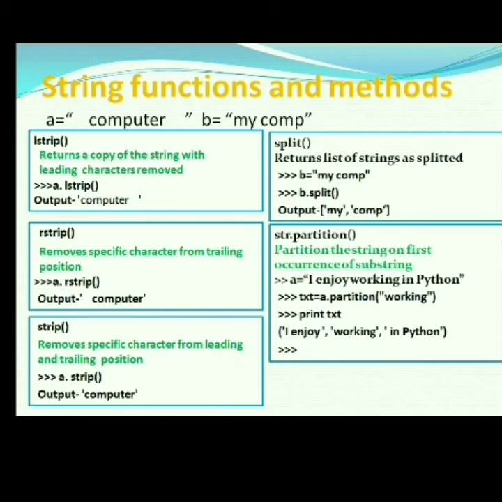The lstrip method returns a copy of a string with leading characters removed. rstrip removes specific characters from the trailing position, and strip removes both the leading and trailing characters. lstrip removes white spaces from the leftmost end, rstrip removes white spaces from the rightmost end, and strip will remove from both left and right ends. The split method splits a string and returns a list containing the split strings as members.